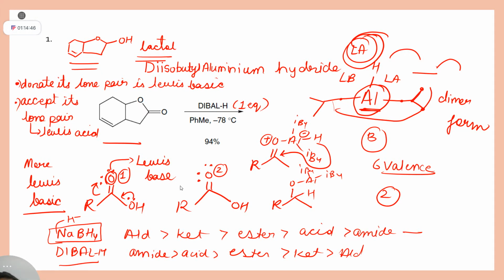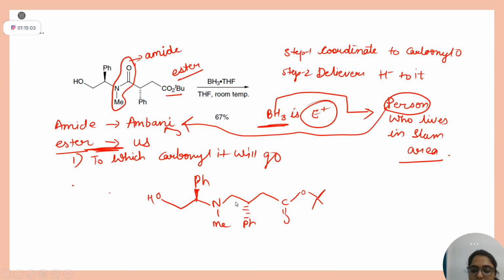In DIBAL-H, which oxygen is more Lewis basic? If you look at two options, here I have made the same but they are different, students. One is your carbonyl of acid and another is your carbonyl of aldehyde.